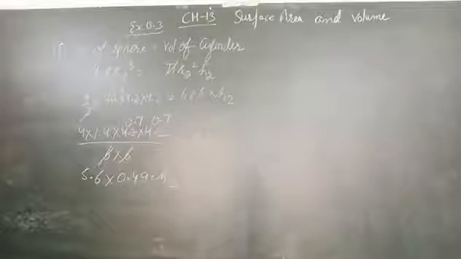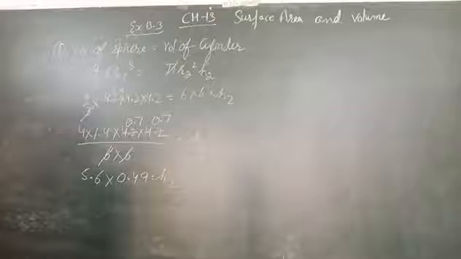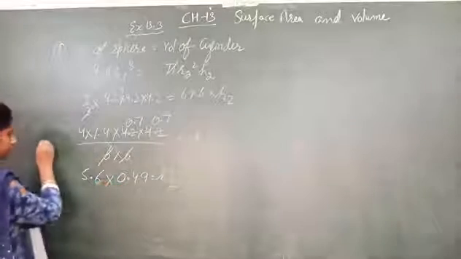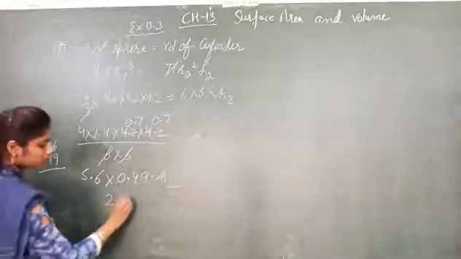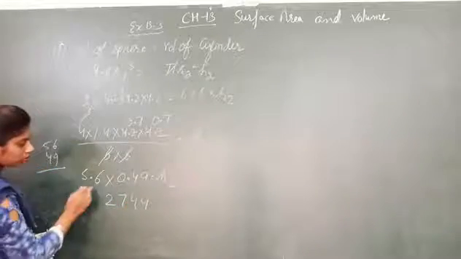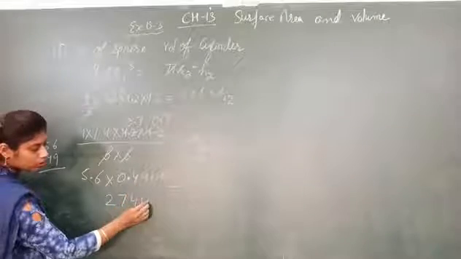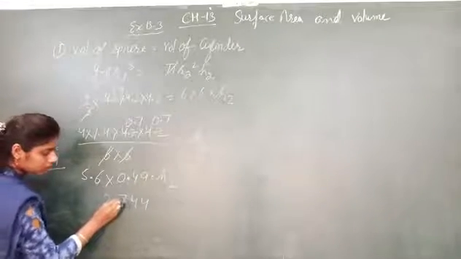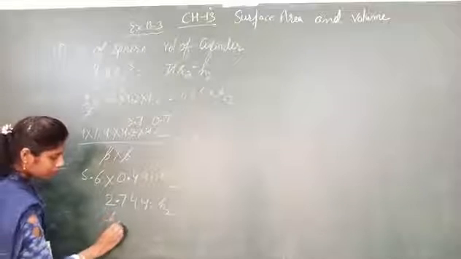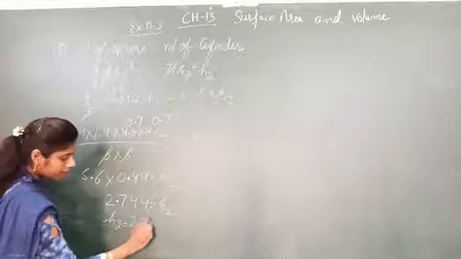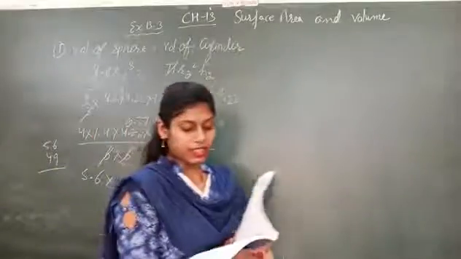Now multiply 1.6 and 0.4. On multiplication we get 56 into 49. We get 2744. Now after decimal there are 3 digits 1, 2, 3. So the answer, you can write down up to 2 decimal only, is 2.74 centimeter. This is the height of cylinder. Clear?